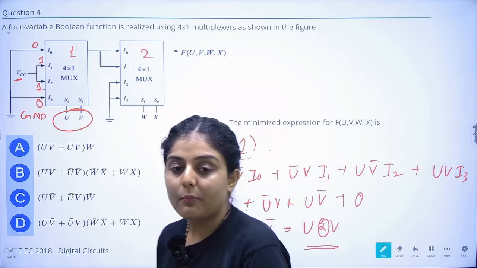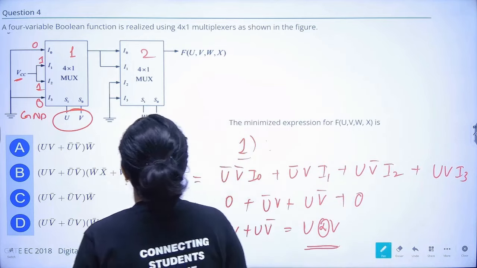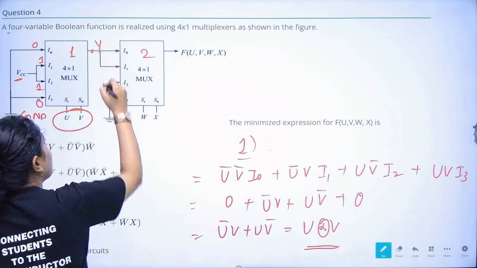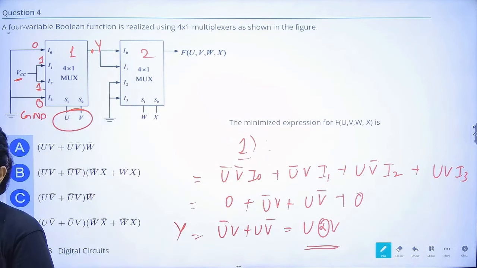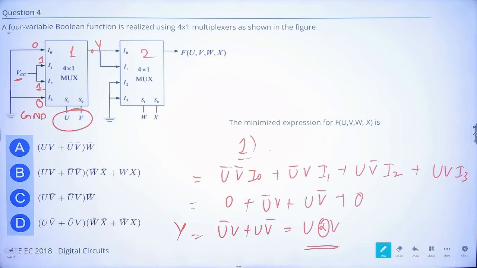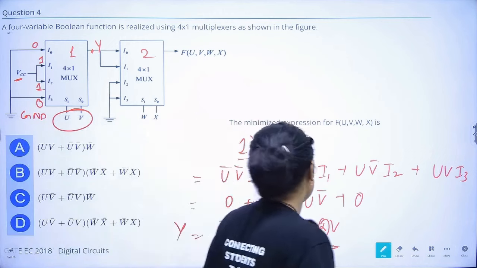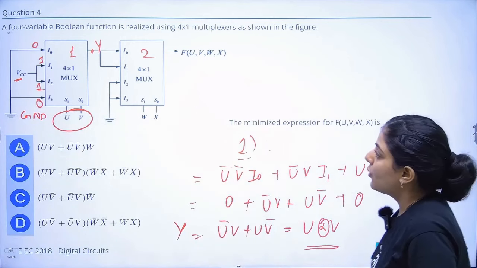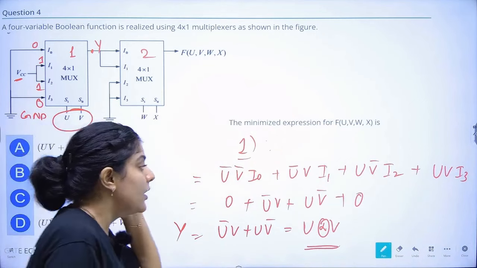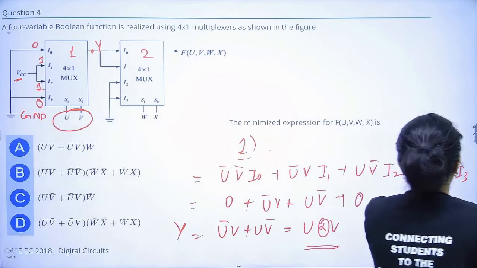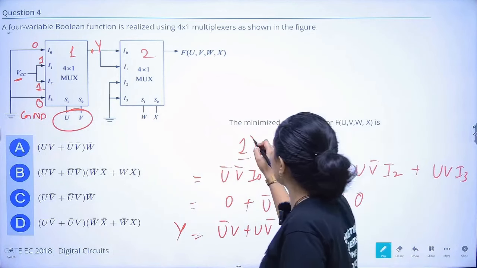We will take this expression as our output here, Y. So we take this as Y equals U OR V. Okay, so this is your mux number 1.